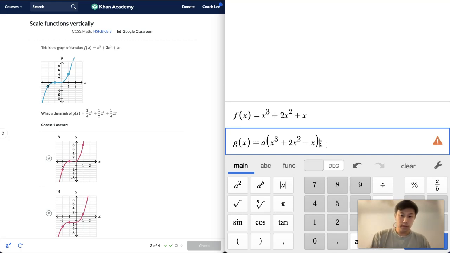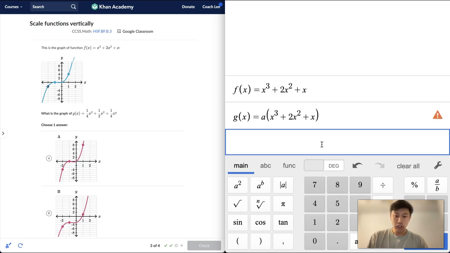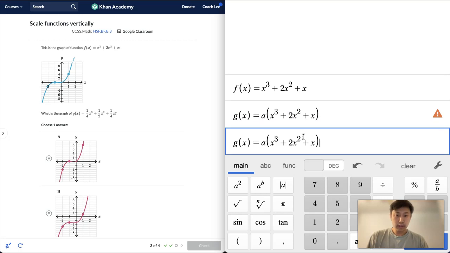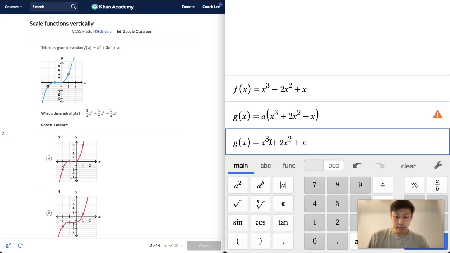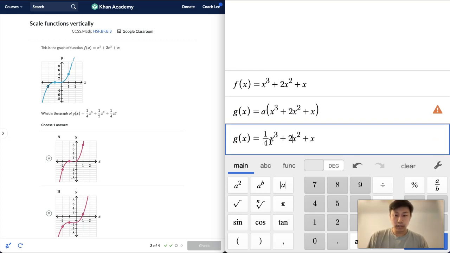Assuming we have a vertical stretch or compression. So we have to figure out what this a value is. Let's just work backwards. What a value can I put in here to give me a final g of x of 1/4 x cubed plus 1/2 x squared plus 1/4 x?